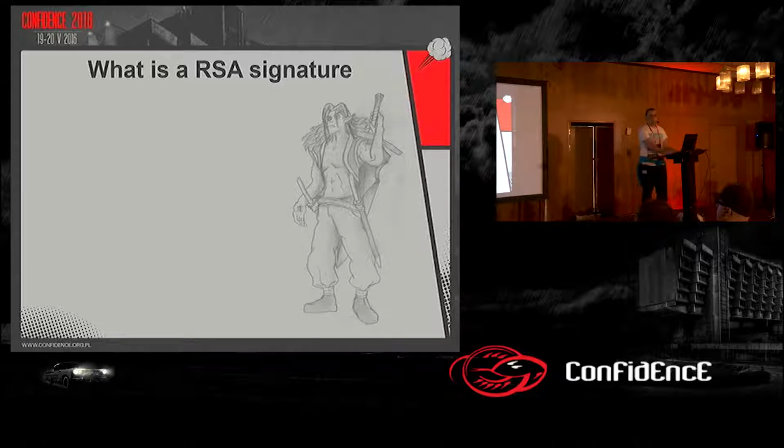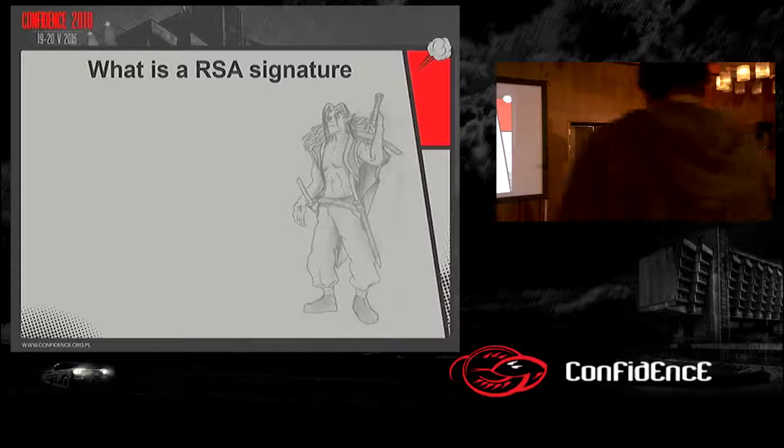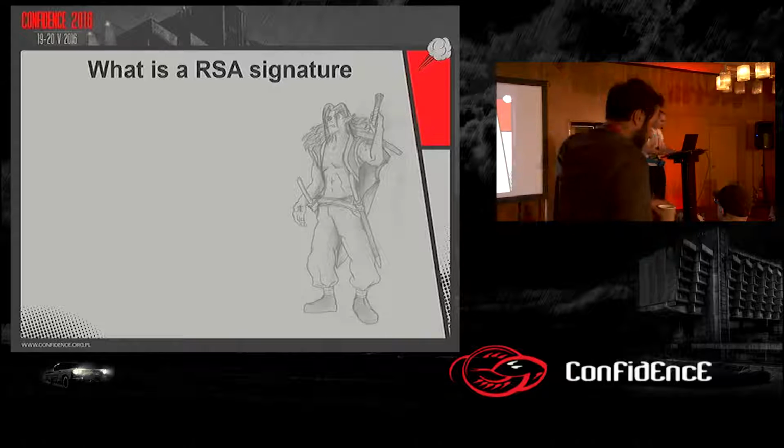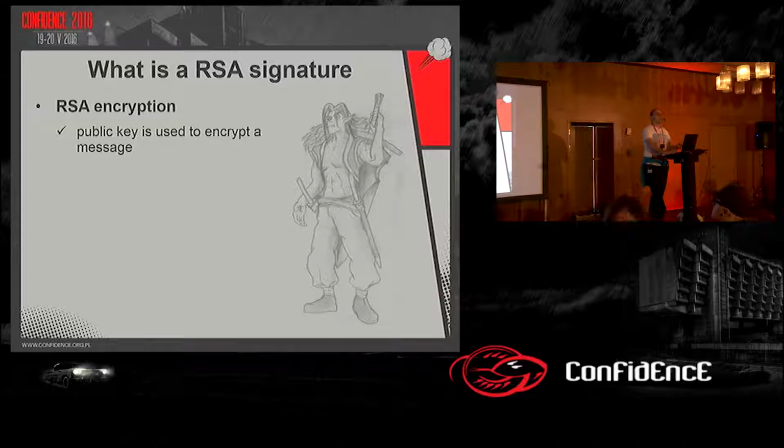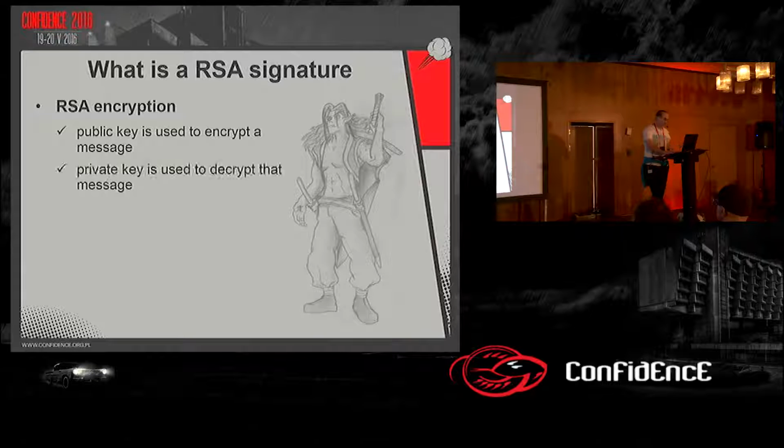So before continuing, first of all, what is an RSA signature? I presume you are confident with the concept of public key encryption. Basically, in RSA encryption, if you want someone to send you an encrypted message, you distribute your public key, and this person encrypts the message with your public key, and you decrypt the message with your private key.